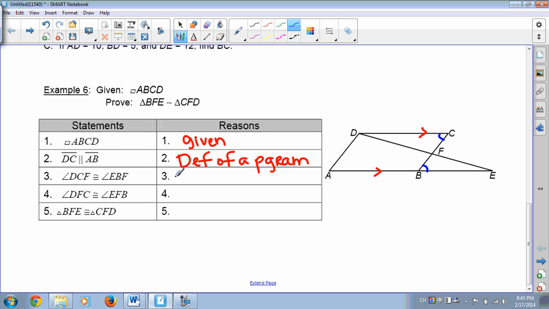So they are congruent by the alternate interior angle theorem. Okay. We're also given that angle DFC, I've got two arcs there, is congruent to angle EFB. So those two angles are congruent not because they're alternate interior, but because they're vertical angles, and vertical angles are always congruent.